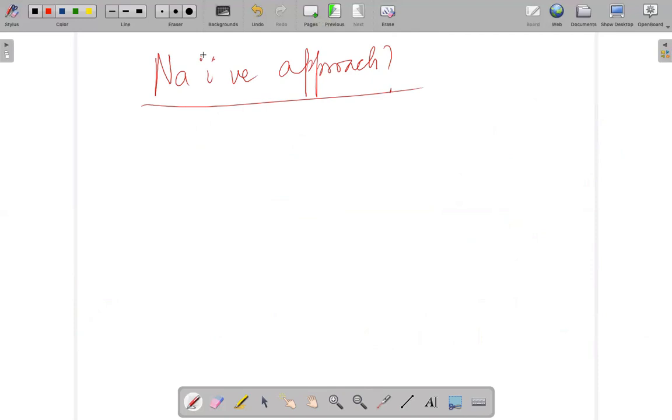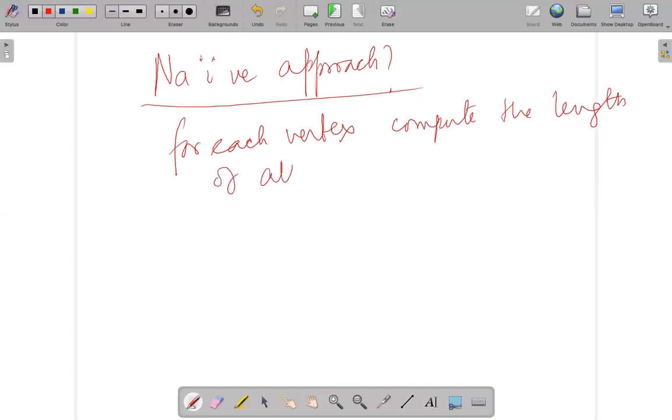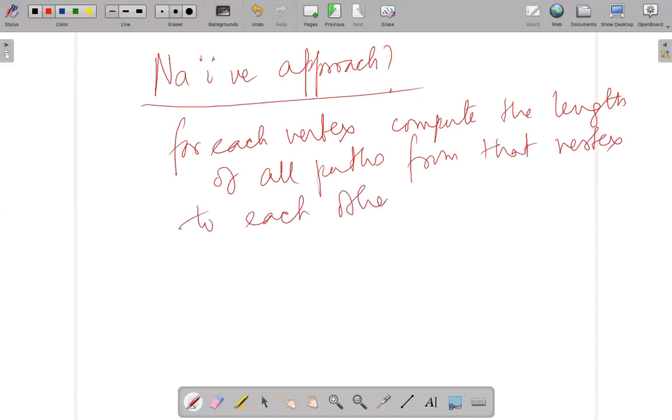If we think a little bit, a very naive approach would be to, for each vertex, compute the length of all paths from that vertex to each other vertex and then compute the minimum of this.